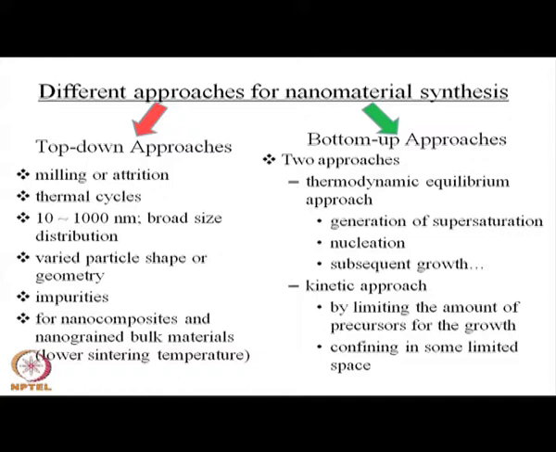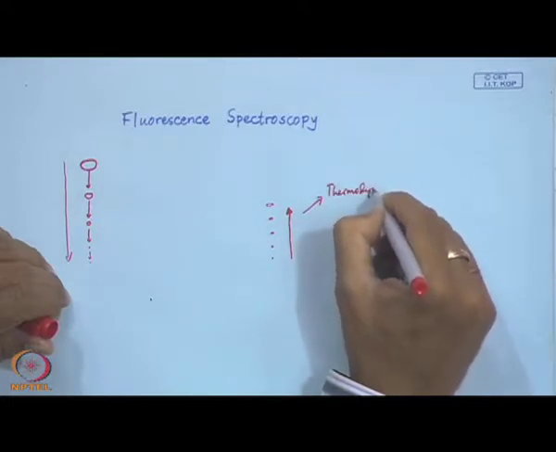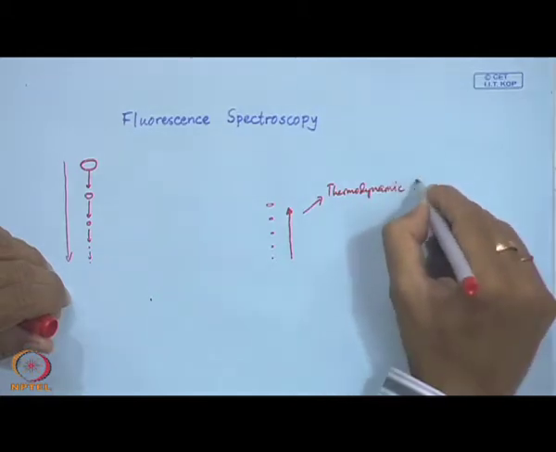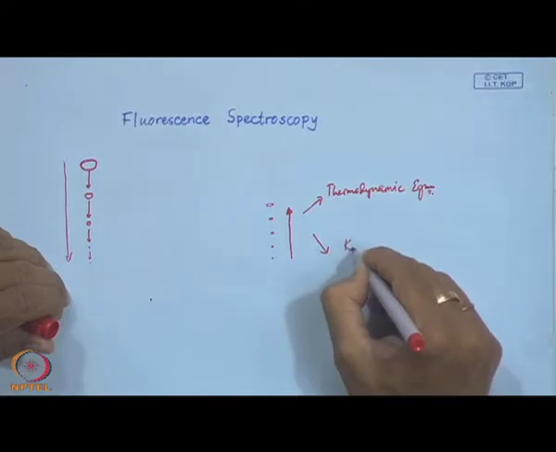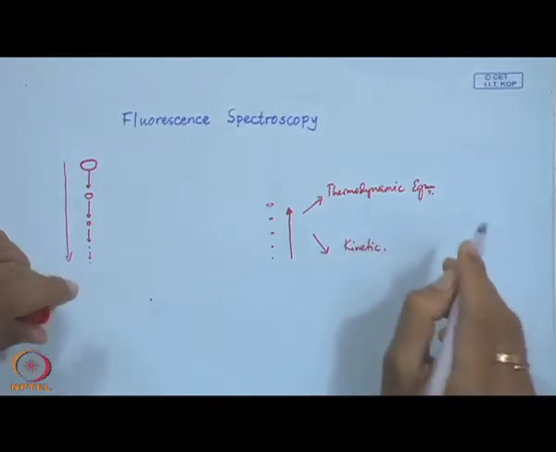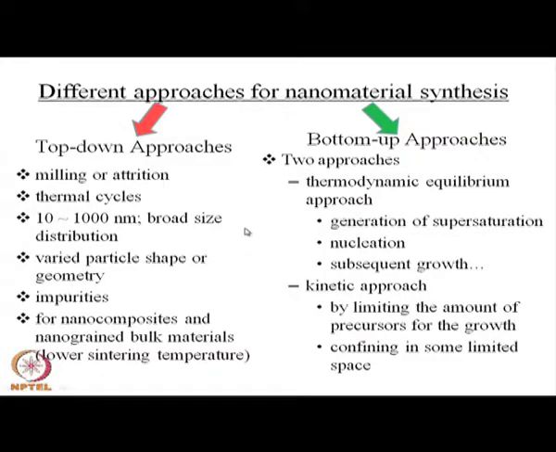This way you can do the bottom up approach. So, top down is here, bottom up is here, with thermodynamic equilibrium and kinetic approaches. These are the different approaches for nanomaterial synthesis, and this is basically the overview.